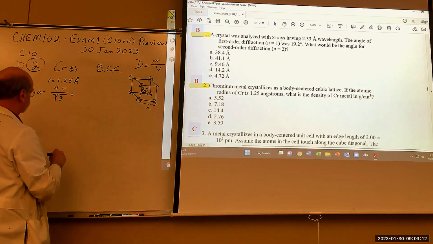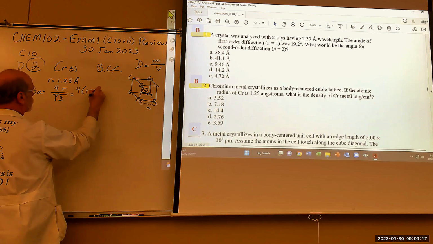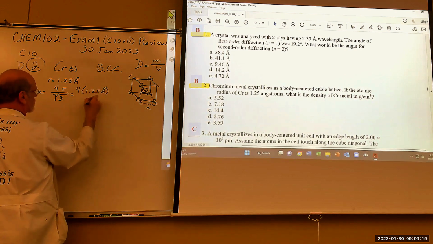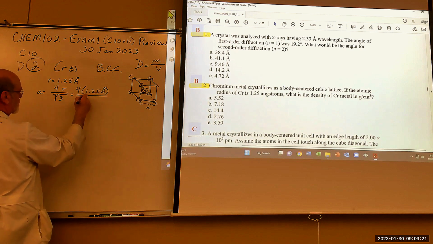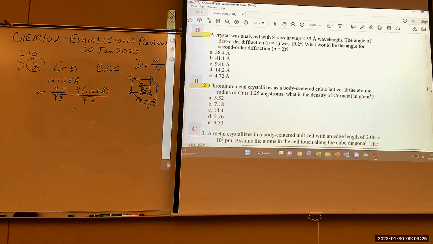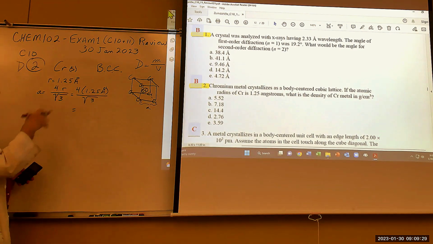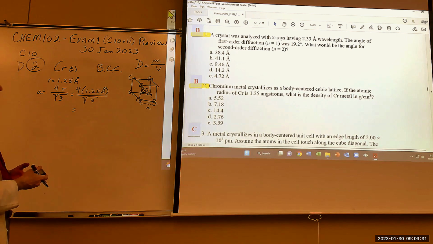Okay. So if we plug in the numbers, 4 times 1.25 angstroms, we'll change units in a minute. Divided by the square root of 3 equals what? This will give us the side of the cube in angstroms, and then we have to convert it to centimeters.